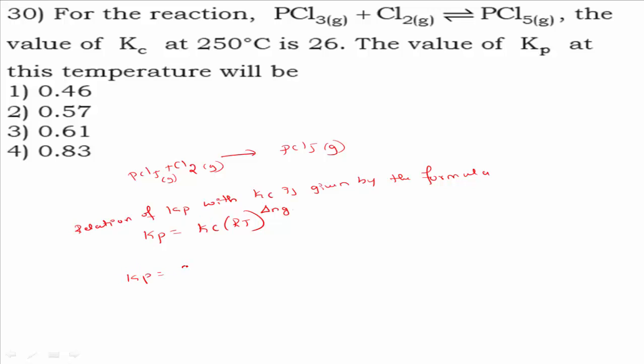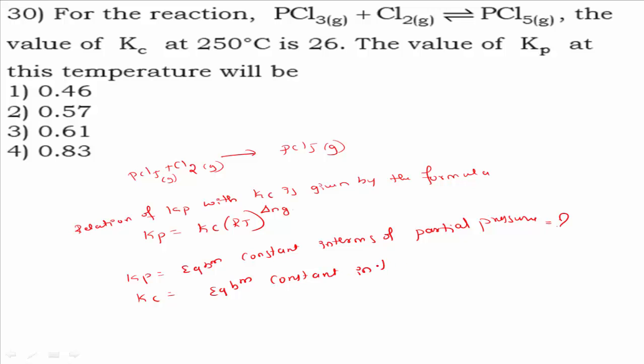Here Kp is the equilibrium constant in terms of partial pressure, and Kc is the equilibrium constant in terms of concentration, equal to the given quantity, 26.